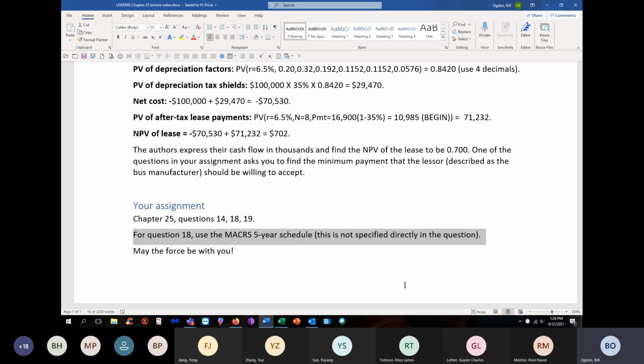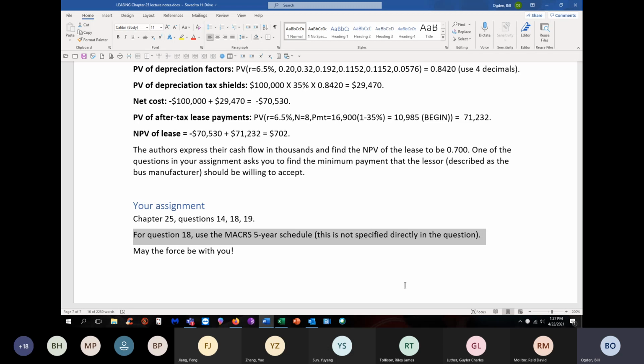Okay. So question 18 is a school which is evaluating a lease for a computer system. And of course, the school would be tax exempt, wouldn't it? So your T is 0 one more time.